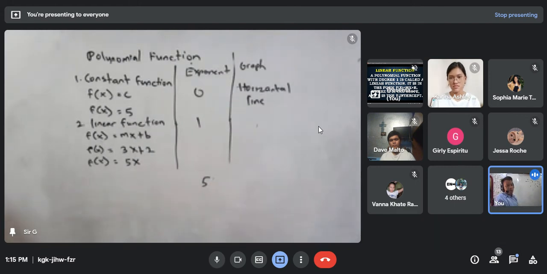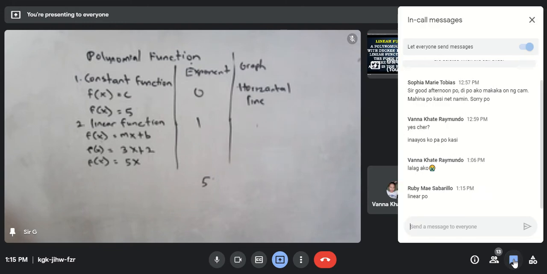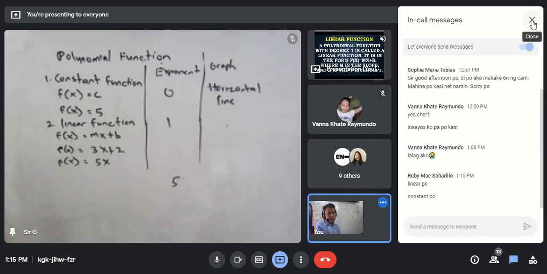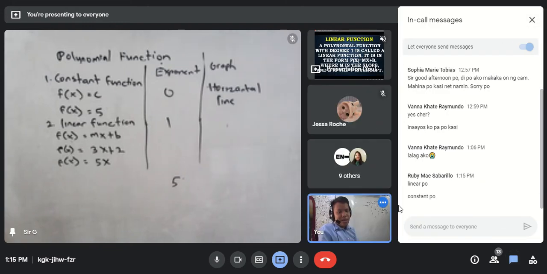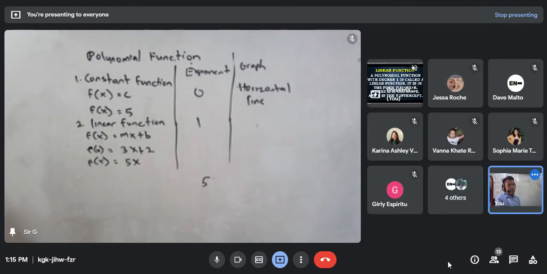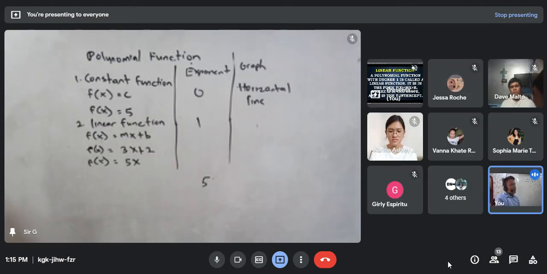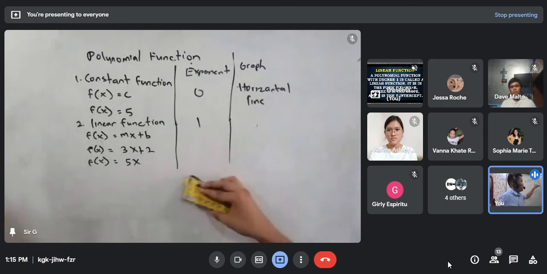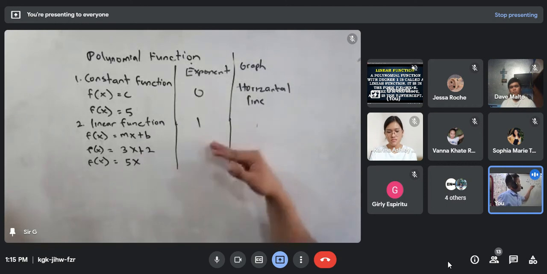Anong tawag ninyo dito? Okay, so that will be a constant. Basta kapag number lang siya, that is a constant. Kapag may isang letter, basta walang exponent, kumbaga x lang ang nakikita ninyo, it means na ito ay linear function. Basta ang degree ng exponent is 1.